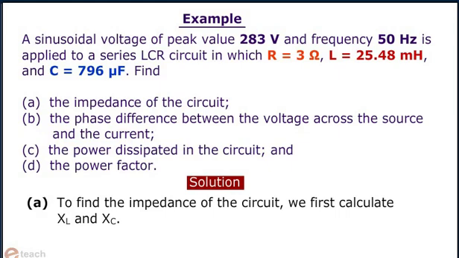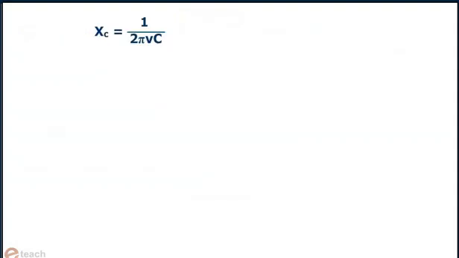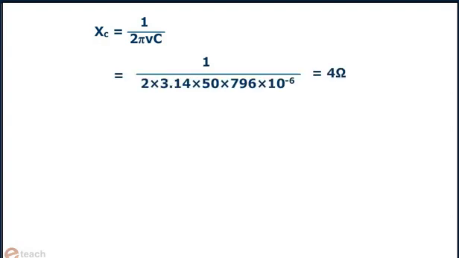Solution. A. To find the impedance of the circuit, we first calculate XL and XC. XL is given by 2 pi nu L. Putting the given values, we get its value as 8 ohms, and XC, which is 1 by 2 pi nu C, is given by 4 ohms.